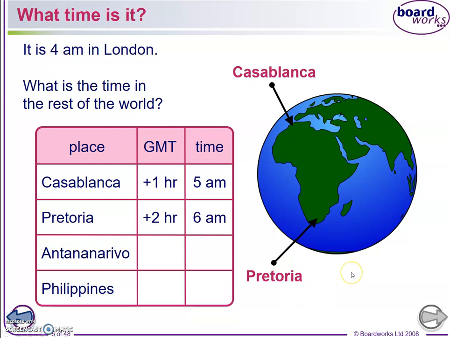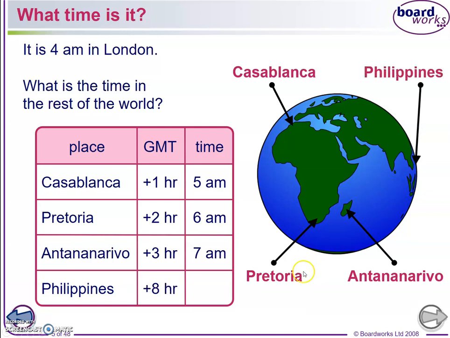Antananarivo, pardon my pronunciation, is in Madagascar, and that is 3 hours ahead, so it's going to be 7 a.m. And finally, we have the Philippines over on the far right-hand side of the world. It is 8 hours ahead, which means it is midday.